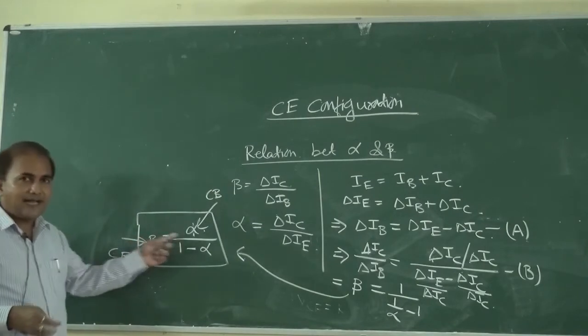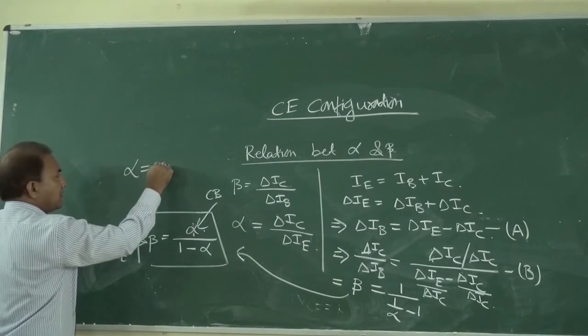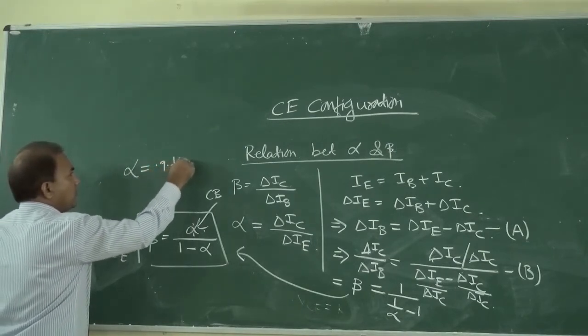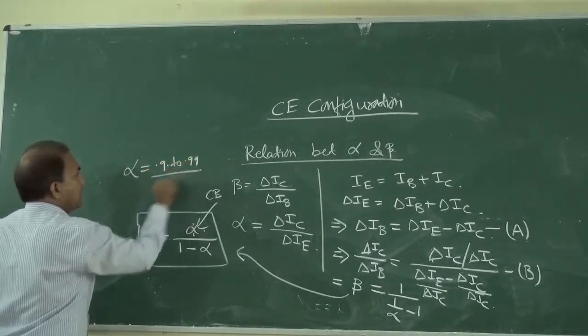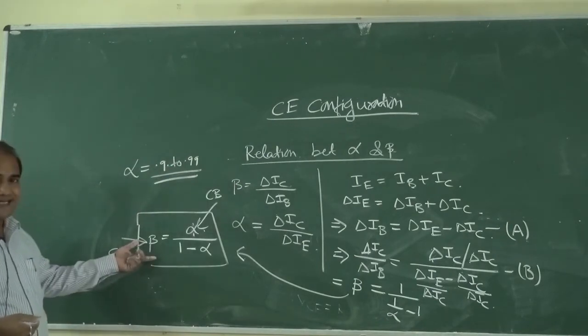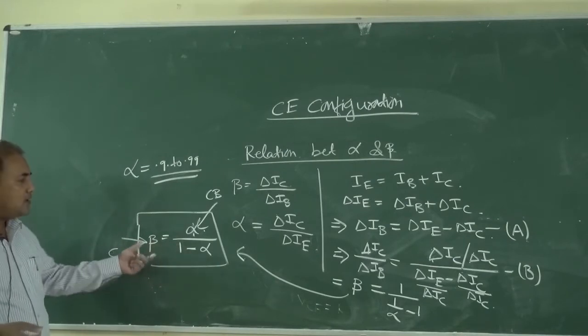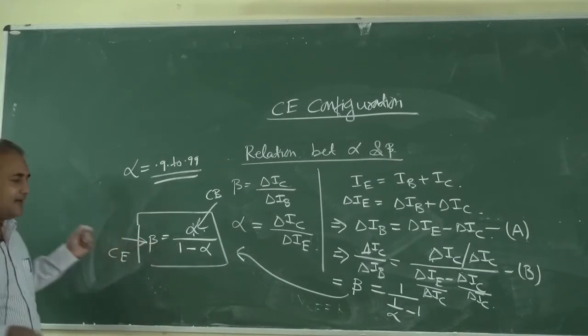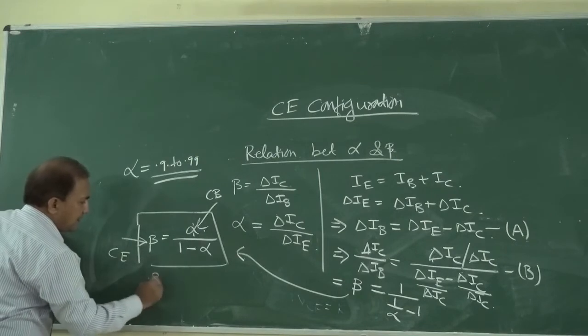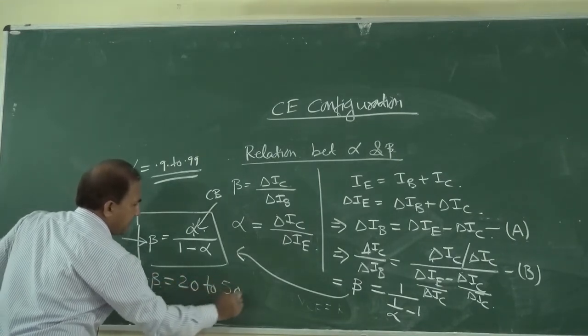As we know, the value of alpha lies between 0.9 and 0.99. From this expression, beta is equal to alpha divided by 1 minus alpha, so beta is very high, with a normal range of 20 to 500.